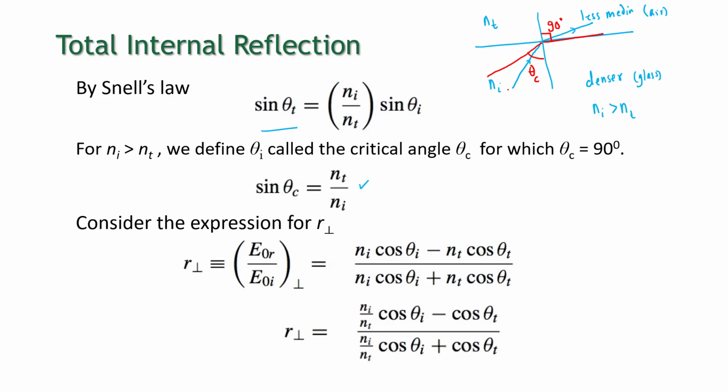Now if you use that in the expression for Snell's law, the angle of incidence is the critical angle and the refraction angle would be 90 degrees. So using that, sine of the critical angle would be nt over ni. So that's the ratio.